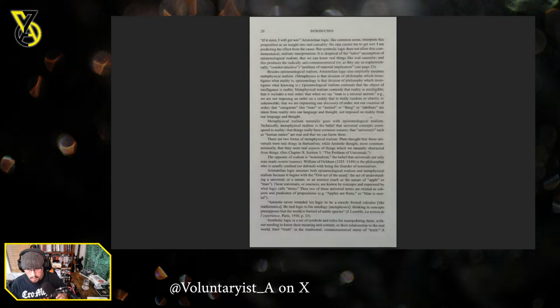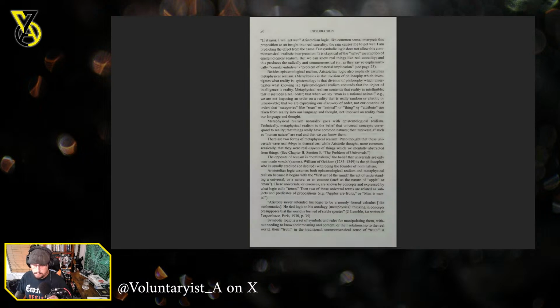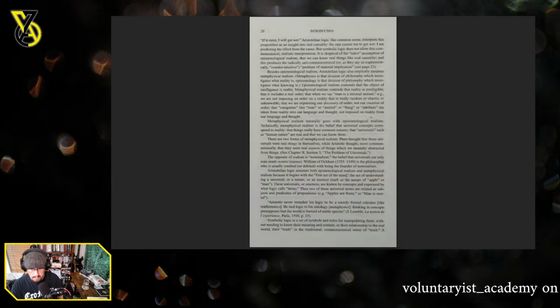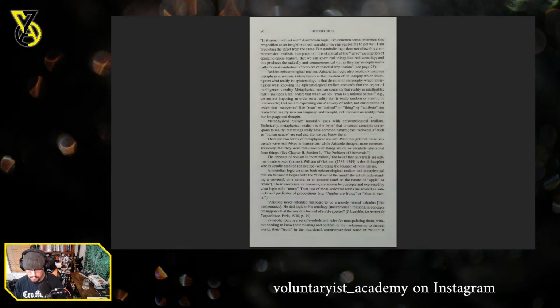We'll learn more about that in chapter 2, section 3, which is called The Problem of Universals. The opposite of realism is nominalism, the belief that universals are only man-made, from nomine, which translates into names. William of Ockham lived from 1285 through 1349.